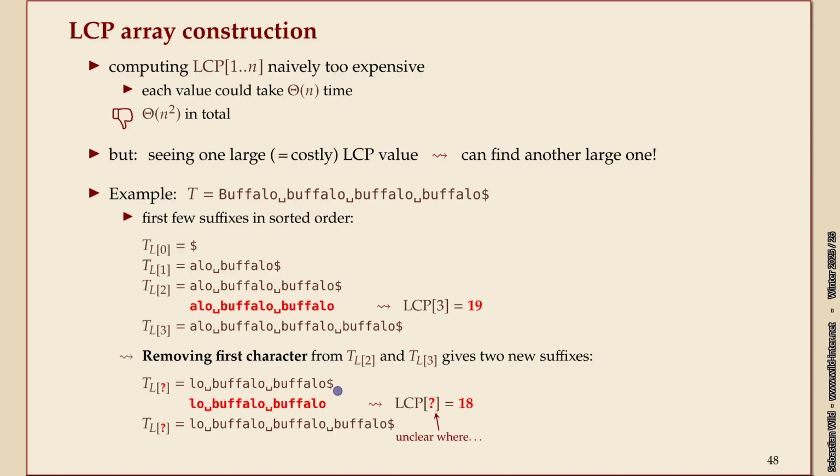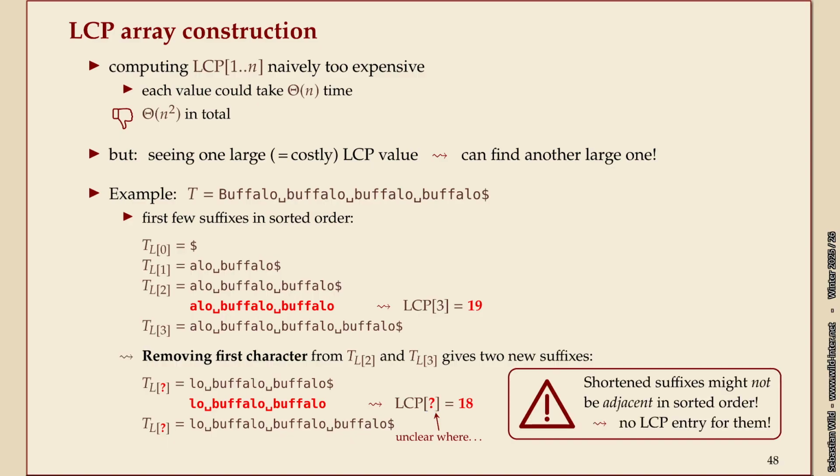The only problem is that we don't know where that is. And it might even be nowhere at all, because who knows if chopping off one character leaves these two suffixes adjacent. Maybe there's another suffix now that smuggles in between, because we've removed a character. A lot of things could happen.